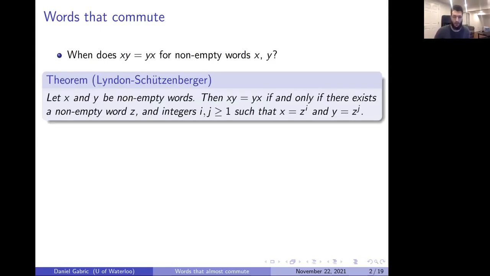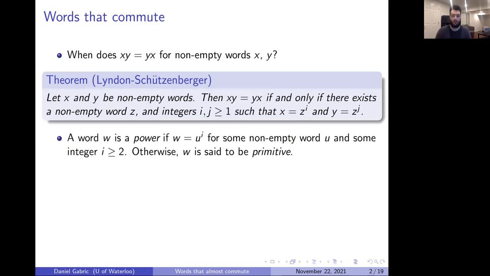Well, Lyndon and Schützenberger gave necessary and sufficient conditions for when x and y commute. Their result is that if x and y are non-empty words, then xy equals yx if and only if there exists a non-empty word z and positive integers i, j such that x equals z^i and y equals z^j.